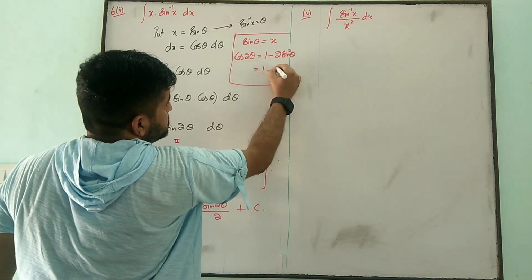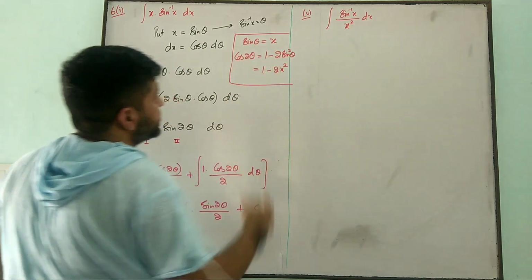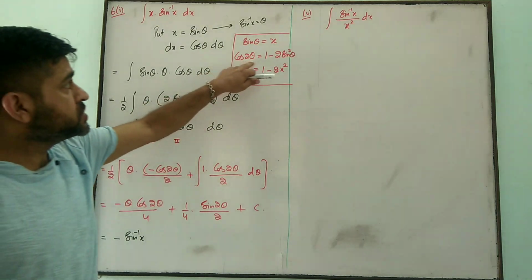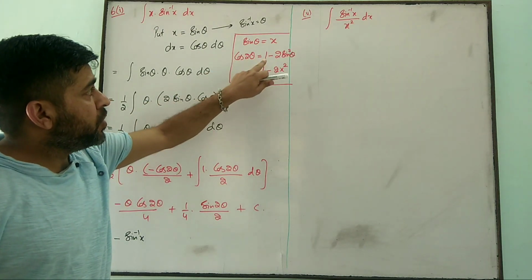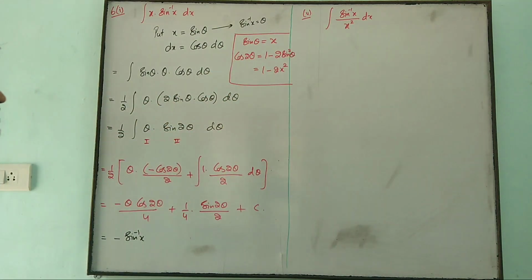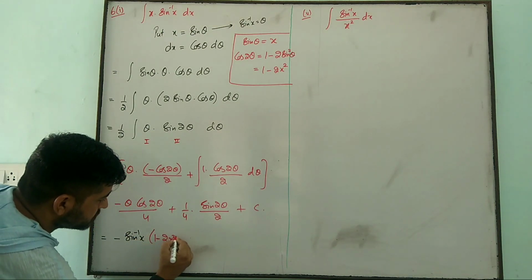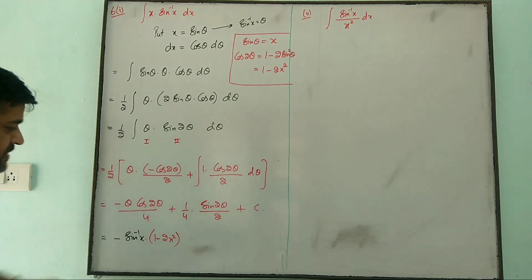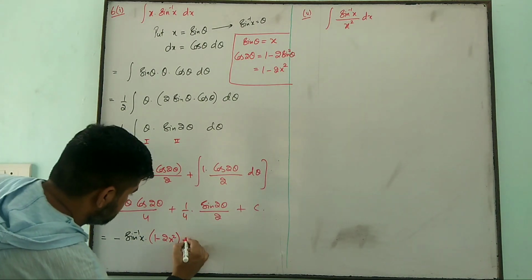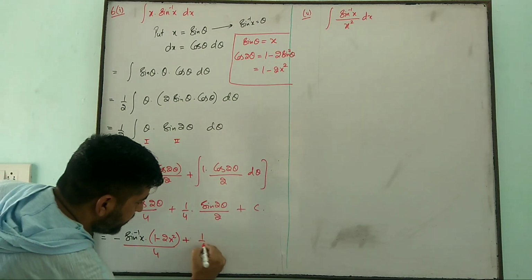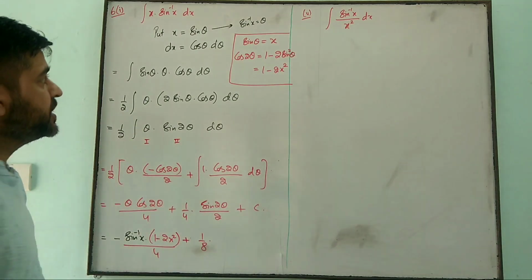So 1 minus 2x square, that is cos 2 theta. So it is 1 minus 2x square, sin inverse x into this, plus 1 upon 8 into sin 2 theta.